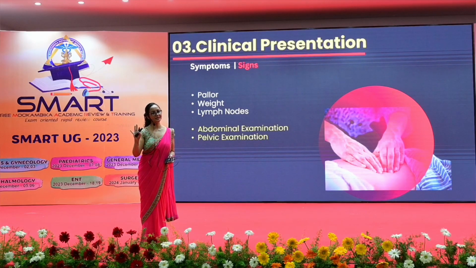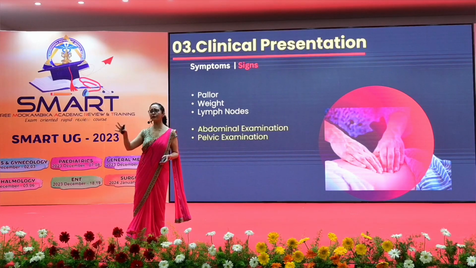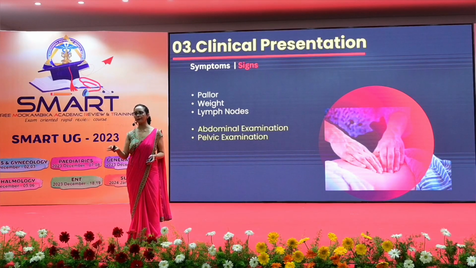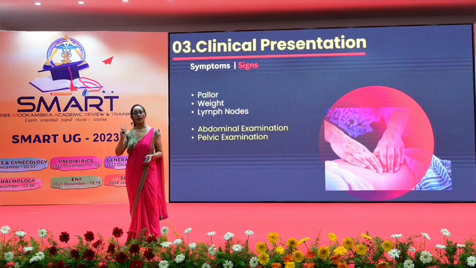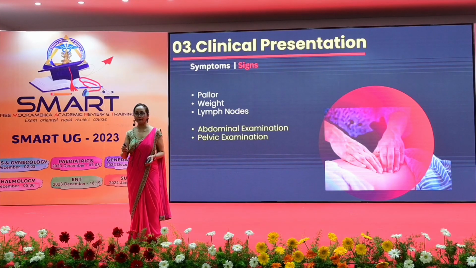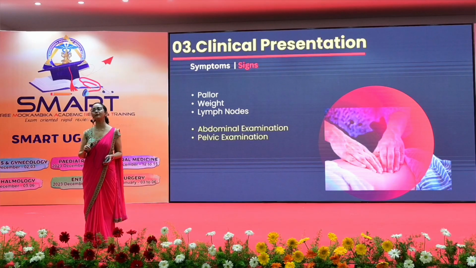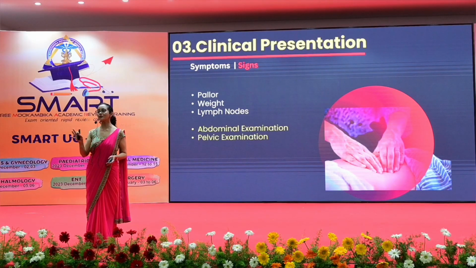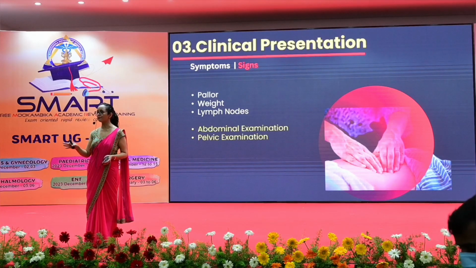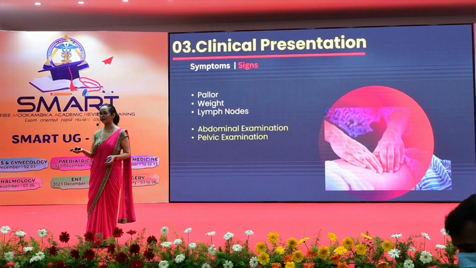All are with me in this? Okay. If it is 8-week size, every mass need not be palpable. Usually hydrosalpinx, tubo-ovarian masses, all these things will not be palpable per abdominally, so whether you can palpate it abdominally is not necessarily an important factor in making a diagnosis.